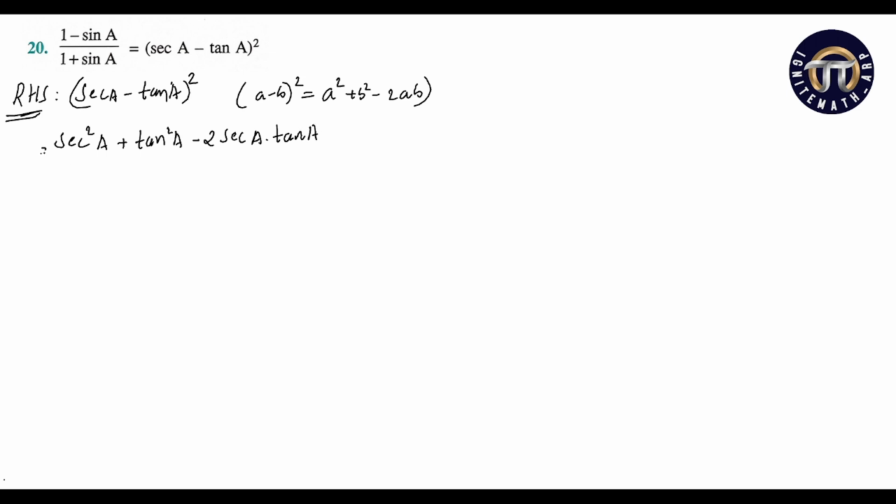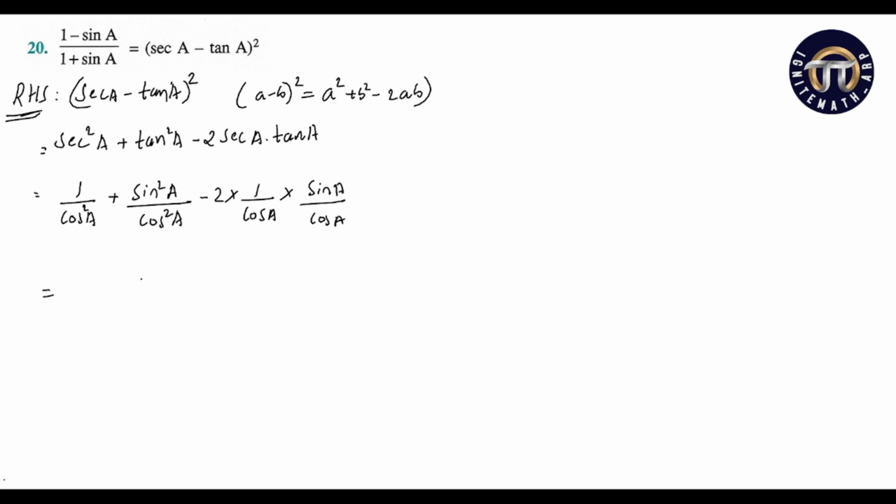So secant square A can be written as 1 by cos square A, and tan square A can be written as sin square A by cos square A, minus 2 into sec A, which is 1 by cos A, into sin A by cos A.